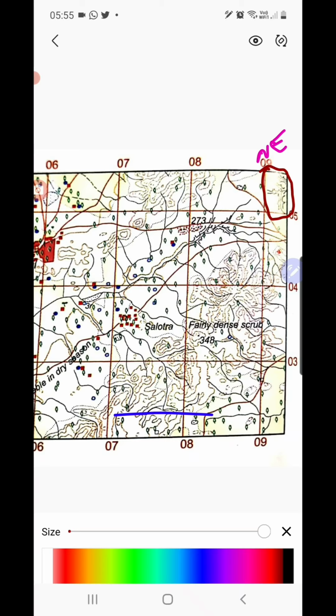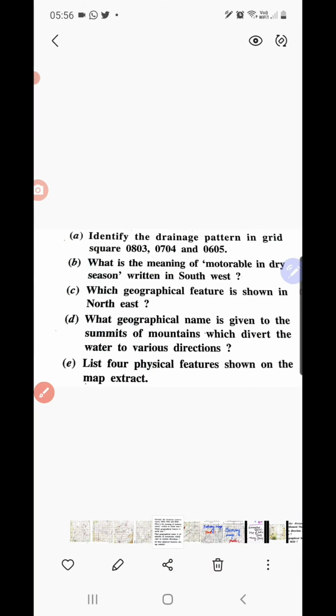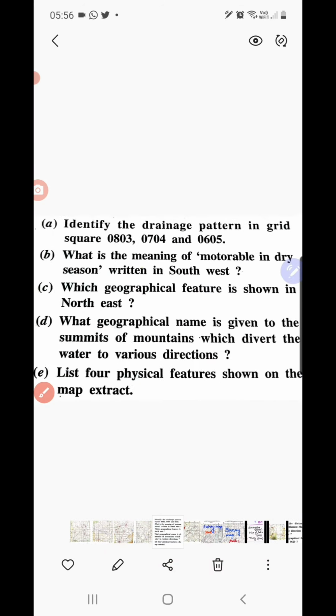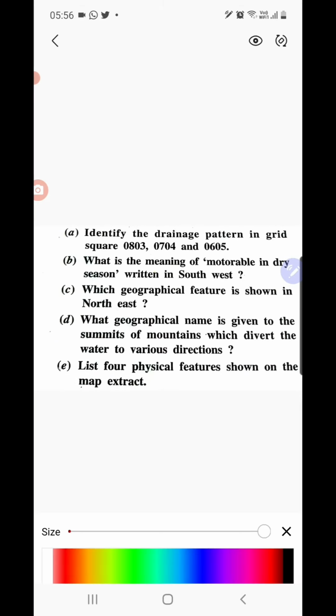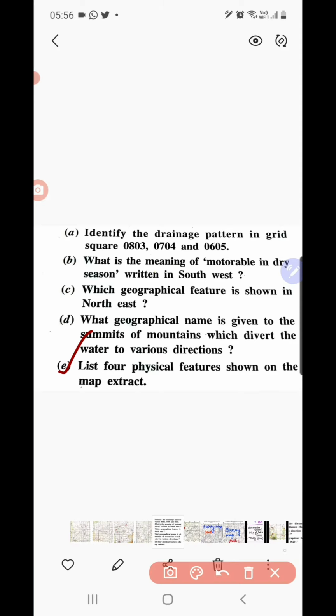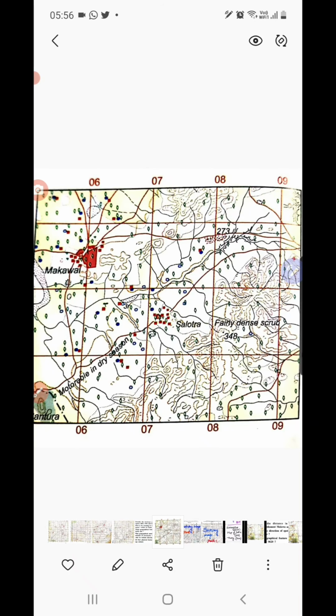So next question, let's see. Question E. List 4 physical features shown on the map extract. Which are the 4 physical features shown on the map extract? You can find broken ground here.